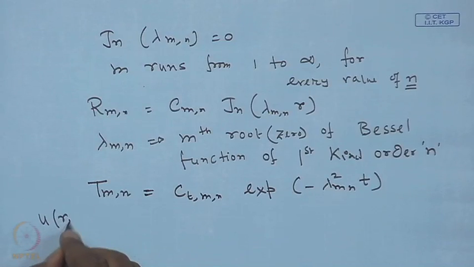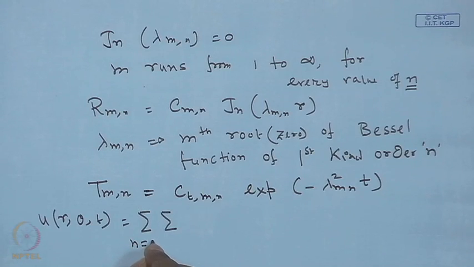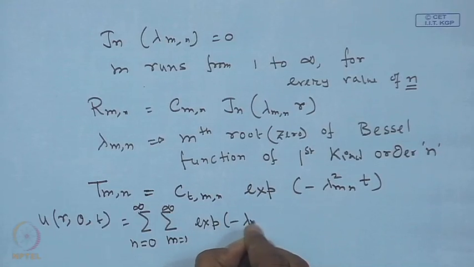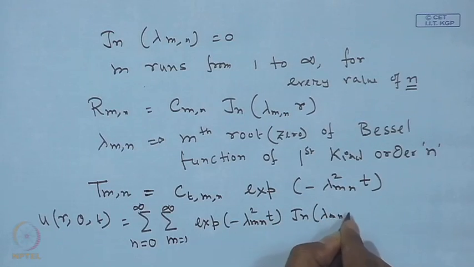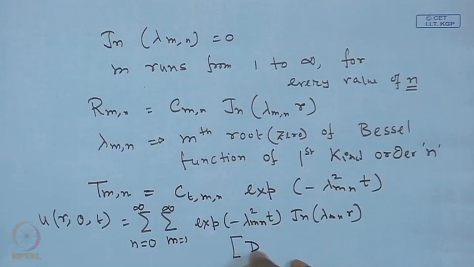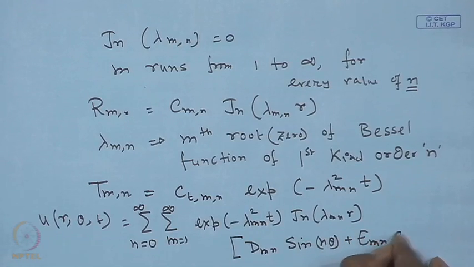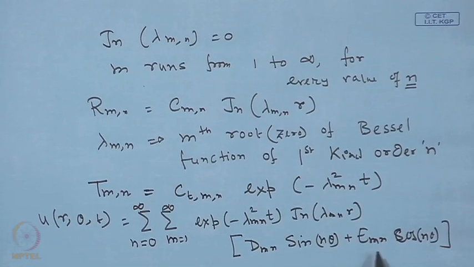So, we get the complete solution of u r theta t as a summation over n, and if you remember, n varies from 0 to infinity, it is not from 1 to infinity, and m varies from 1 to infinity, of exponential minus lambda m n square t, J n lambda m n r, multiplied by D m n sin n theta plus E m n cosine n theta, because the theta varying part contains both sine and cosine terms, and the associated constants are not equal to 0. So, you will be getting this as a general solution to this problem.